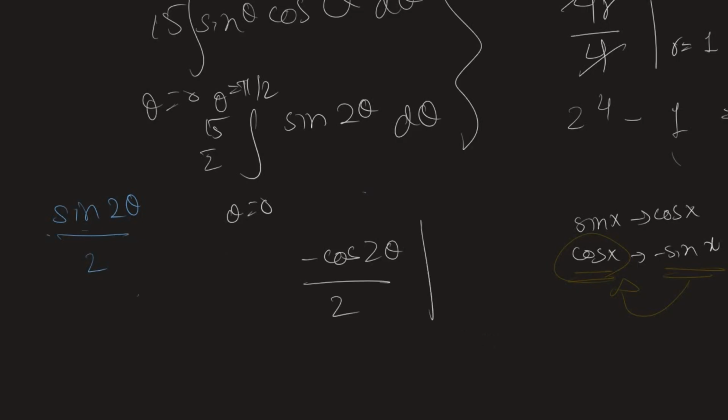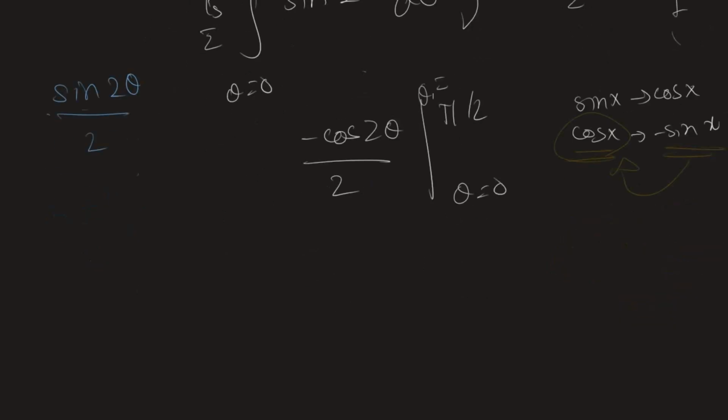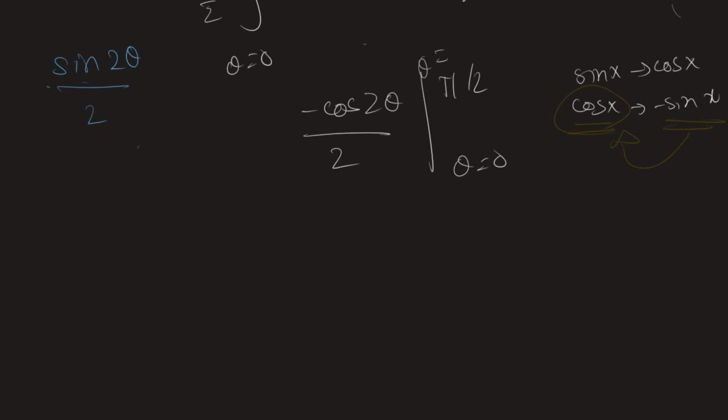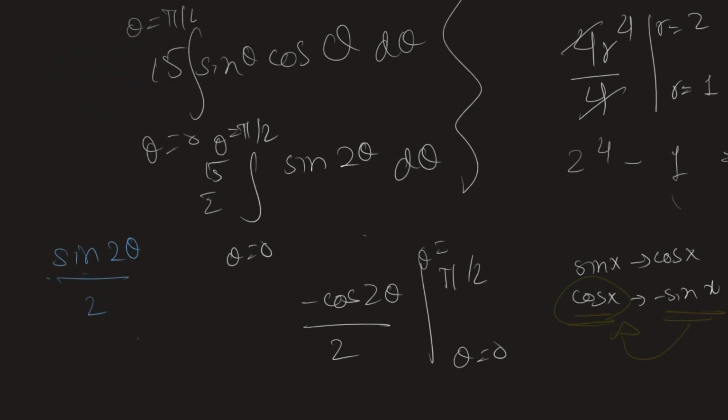So we're gonna write it over here, and then we can go ahead and substitute our zero and pi over 2 inside the equation. I forgot the 15 over 2 over here, but we had it. So then it's gonna become 15 over 4 because we're multiplying with the 2.